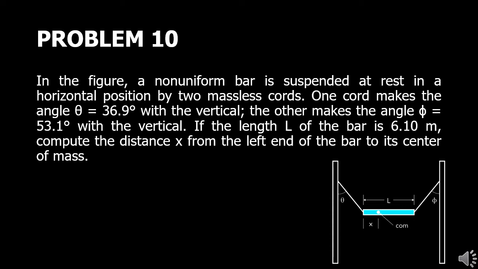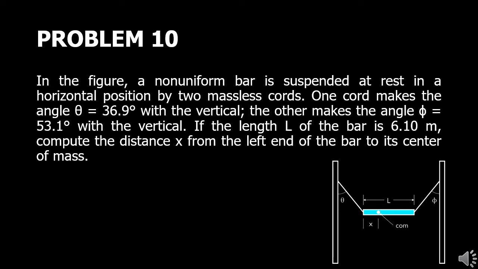Hinahanap natin dito yung distance x from the left end of the bar. Ito yung left edge ng bar natin papunta doon sa center of mass, which is right here, yung meron tuldok na puti. Hindi siya necessarily nasa center.